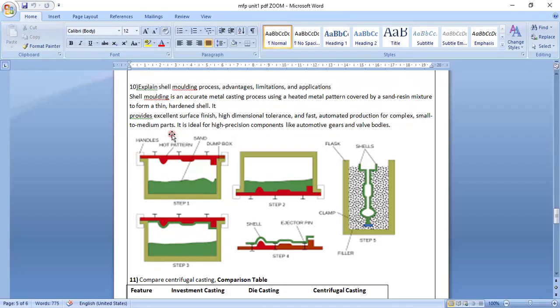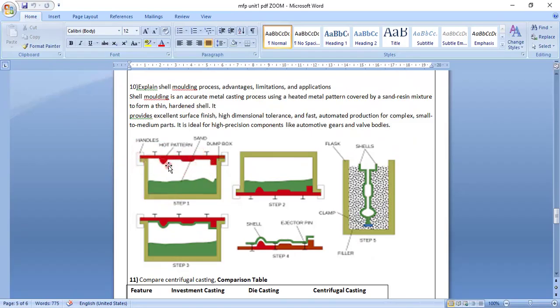It is ideal for high-precision components like automotive gears and valve bodies. So gears and valve bodies you can produce here.